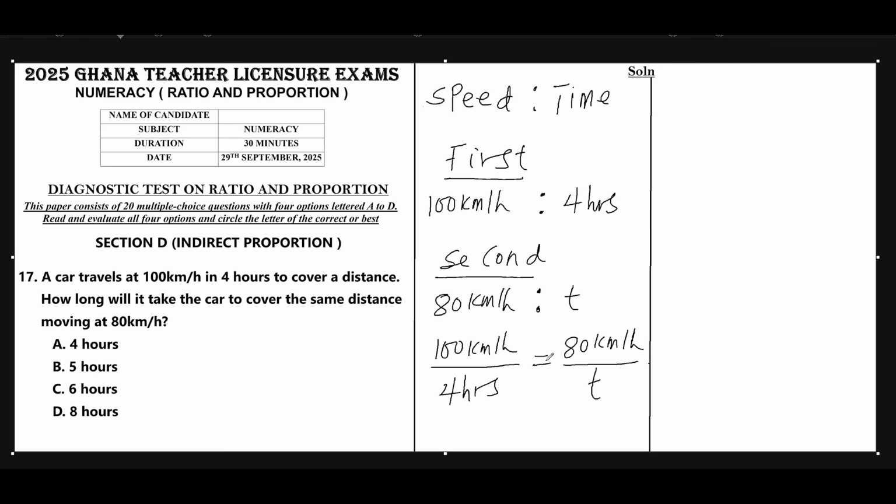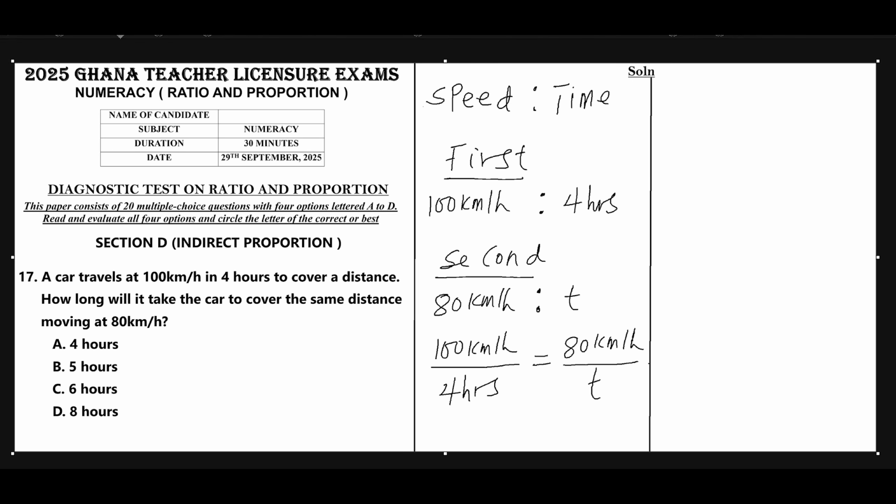Now let's ask ourselves how these two quantities relate in real life. So we have speed and then time. We have already established this, that the higher the speed, the less time you consume. So when you move at a faster speed, you spend less time to get to your destination.